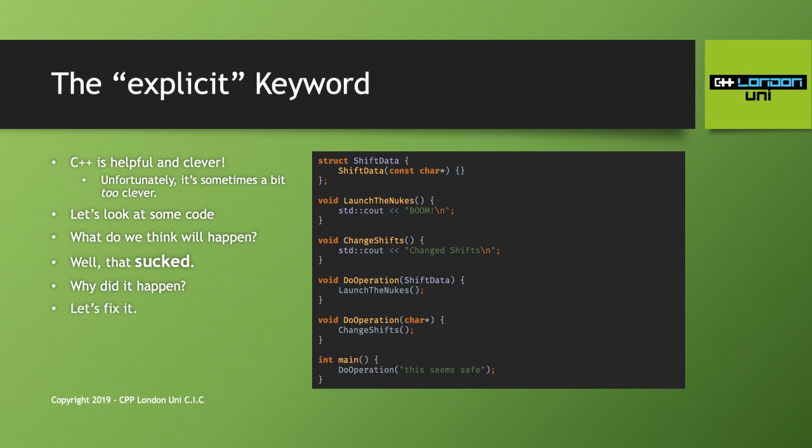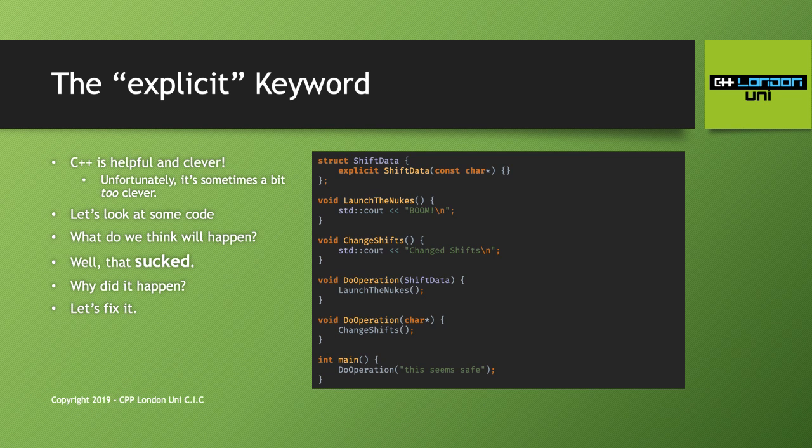And you can probably guess from the title what I'm going to do. Explicit. Done. So now what this is saying to the compiler is that I don't want you to do a conversion, okay? So this isn't asking for a const char star, and this isn't shift data, and we're now saying don't perform implicit conversions, please.